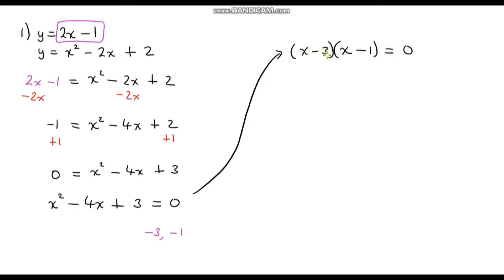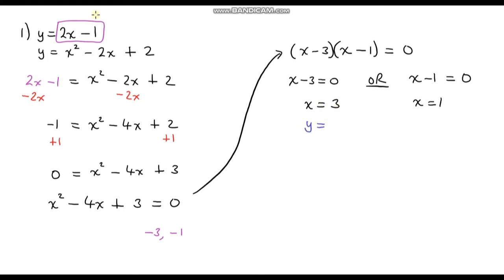So either x minus 3 is equal to 0, or x minus 1 is equal to 0. So if we solve these two equations, we're left with x is equal to 3, or x is equal to 1. Now we can substitute these back into our linear equation to work out the corresponding values for y.